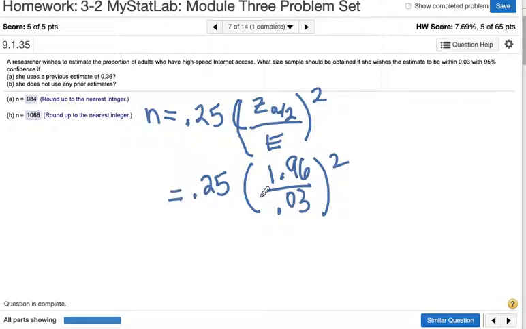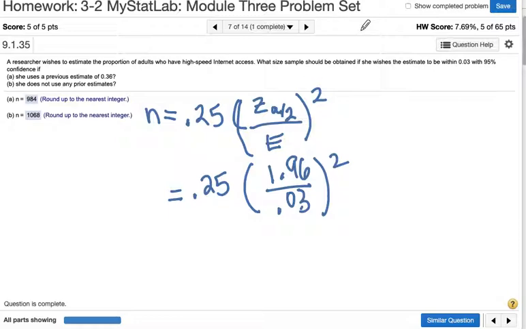When I do this, I do 1.96 divided by 0.03, and then from there, I just square it. So 1.96 divided by 0.03 is 65.33 repeating.